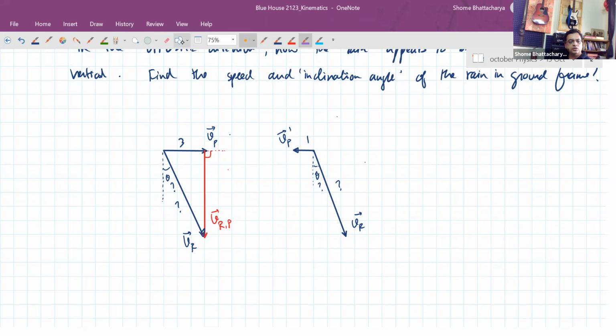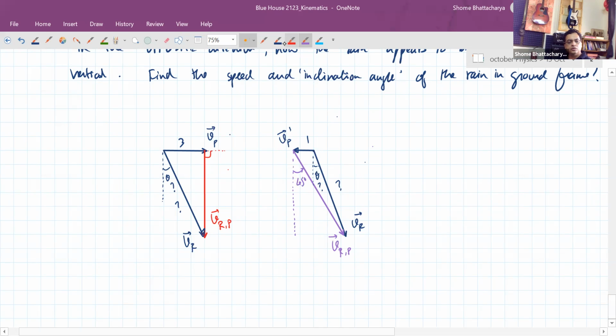But now the relative velocity becomes like this. And this is given to us to be at 45 degrees. So this is the new value of the relative velocity with respect to the person. We are given that this is at 45 degree inclination.